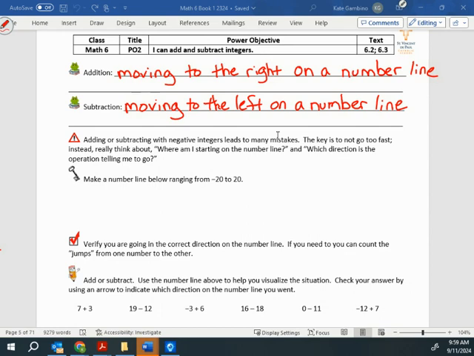When it comes time for us to take the test, I am going to tell you, draw a number line on your help sheet. It will help you. And then we're going to put adding, we go to the right, subtracting, we go to the left. I did it with a picture instead of having to write all those words.